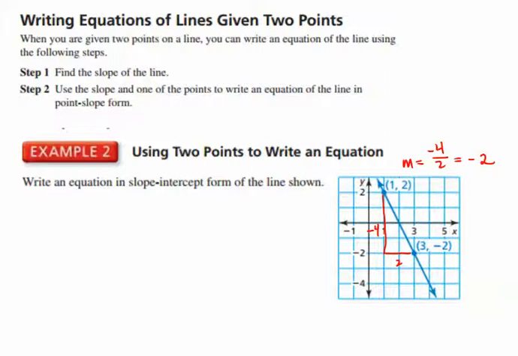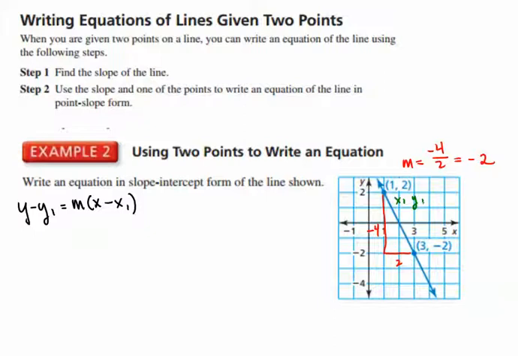I'm going to write my formula using the point 1, 2. Alright, so using the point 1, 2, we have y minus y1 is equal to m times x minus x1. I'm going to plug in my point on the left, which is 1, 2, so I'm going to write that as x1, y1.